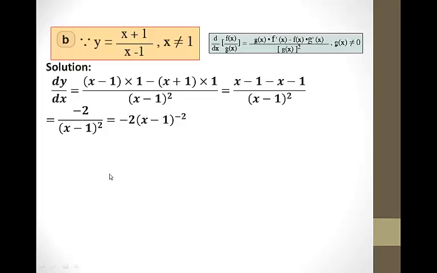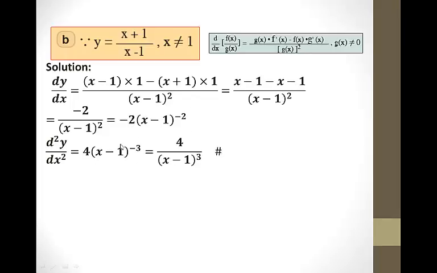To get the second derivative, we multiply negative 2 by negative 2 which equals 4, and by subtracting 1 from negative 2 you get negative 3. So d2y by dx squared equals 4 multiplied by x minus 1 all power negative 3.